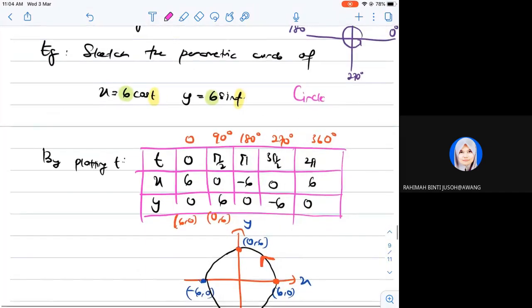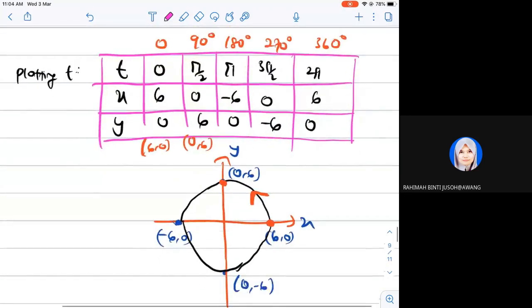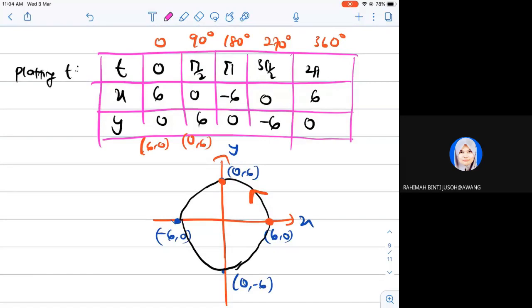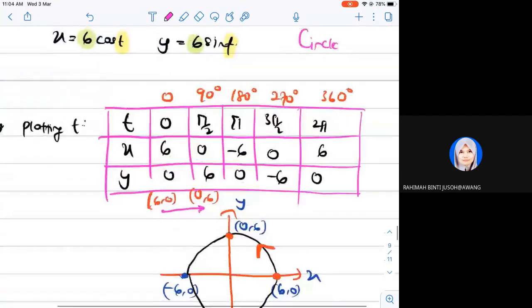Kalau guna plotting, kita boleh tahu kita punya orientation just by looking at the table. You ingat tak tadi saya buat daripada first titik ke second titik. You tengok movement daripada first point ni ke second point ni. Antara 60 ke 06. So you dapat lawan arah jam, anti-clockwise. Okay, so tak ada masalah kalau guna plotting.